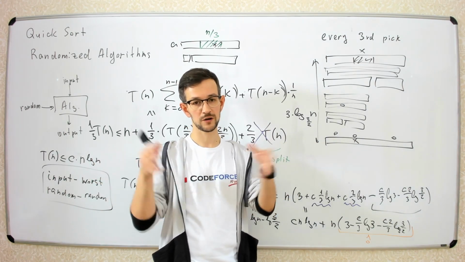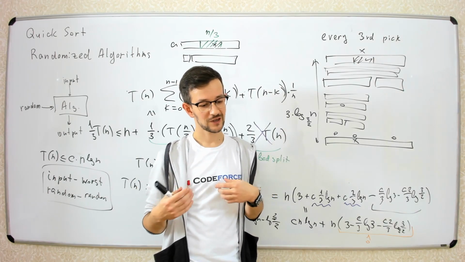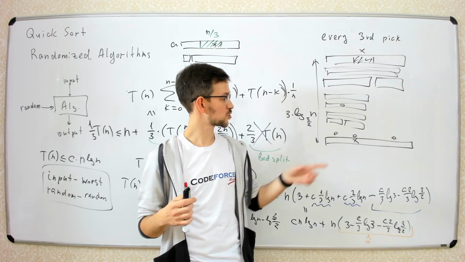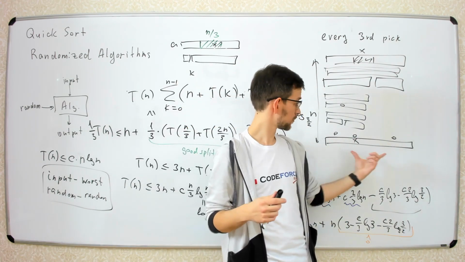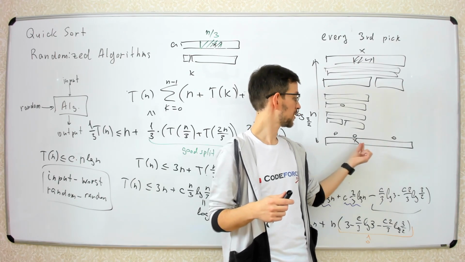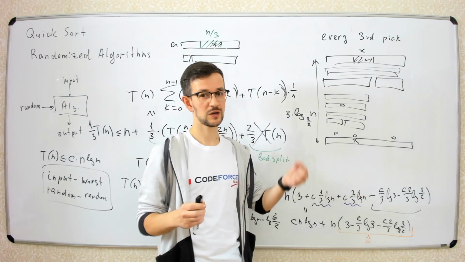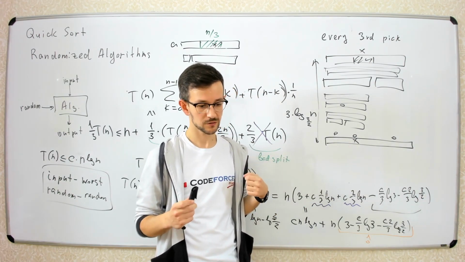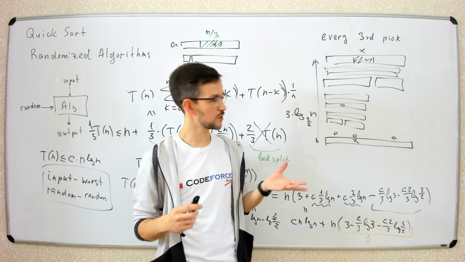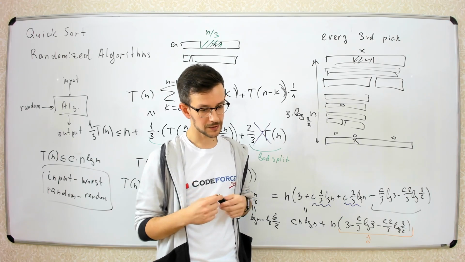You don't know any relations between these elements. So it's strange to pick some non-uniform distribution. If you pick elements with different probabilities, in the worst case, the wrong element will be picked with a bigger probability. So the best thing you can do is just pick all elements with equal probabilities.